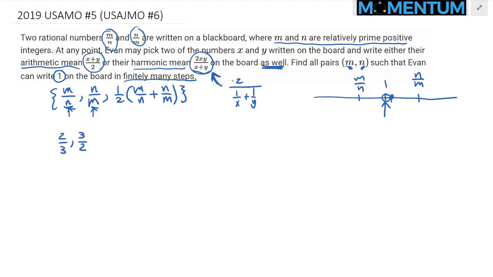But my main idea right now is the following. Let me try to expand this set using only arithmetic mean and see how far I can go, or if I can ever reach 1 by just using arithmetic means. And then I will also include the harmonic mean into the picture.